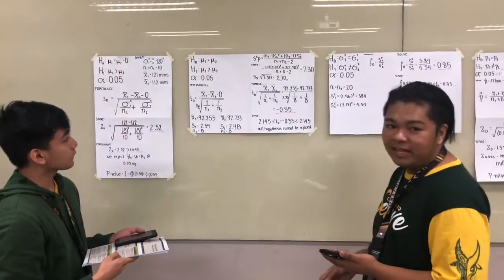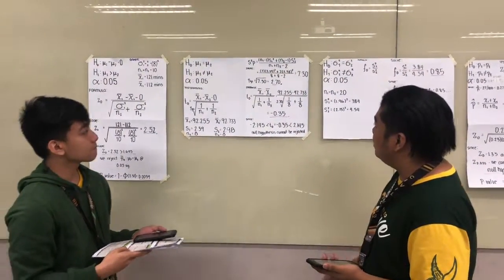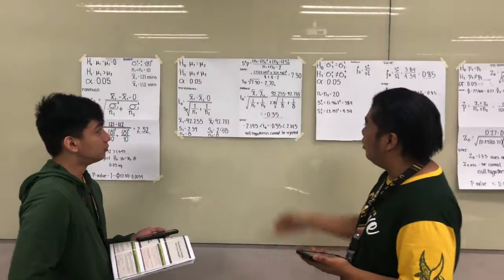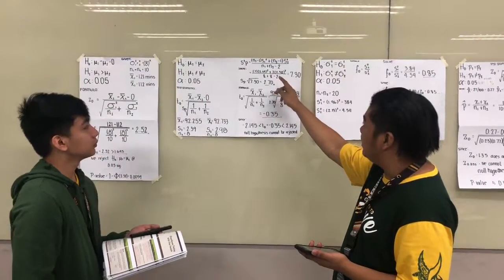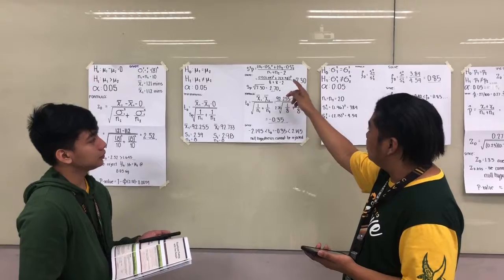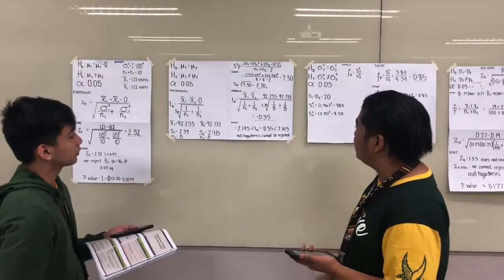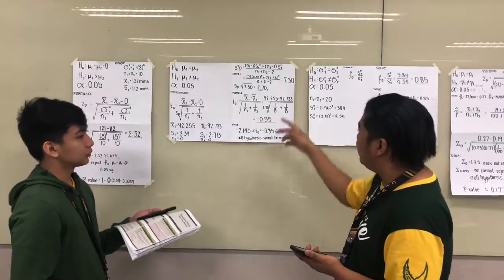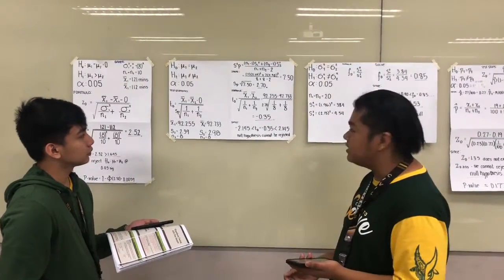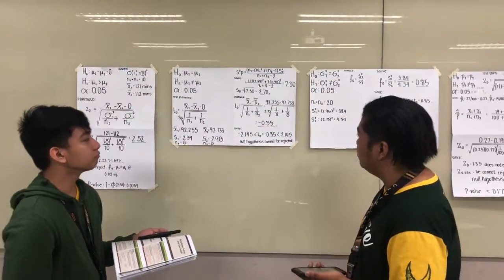And for that, the sample standard deviation, we should equate this to the formula of sample size 1 minus 1 times standard deviation 1 squared plus sample size 2 minus 1 times standard deviation 2 squared, then divided by sample size 1 plus sample size 2 minus 2.